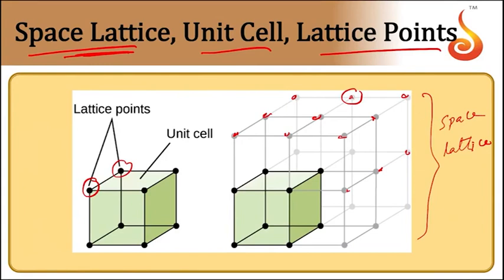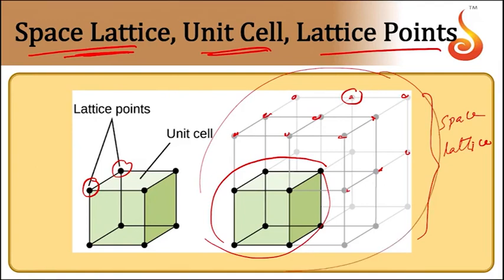Coming to the meaning of unit cell: the smallest portion of the entire space lattice, which when repeated in 3 dimensions generates the complete space lattice itself, is called the unit cell. It gives the properties of the entire space lattice.